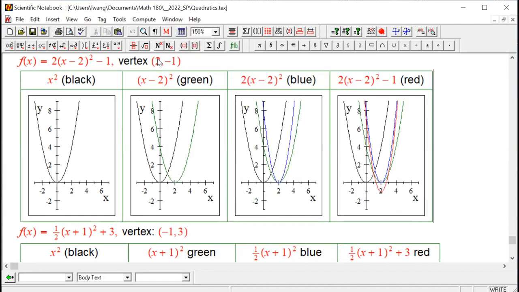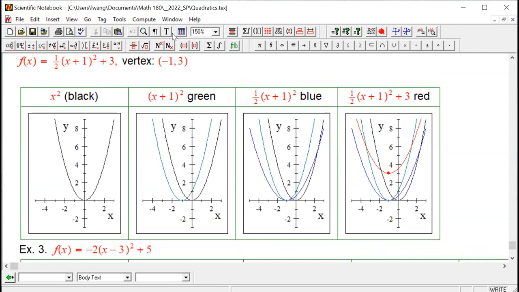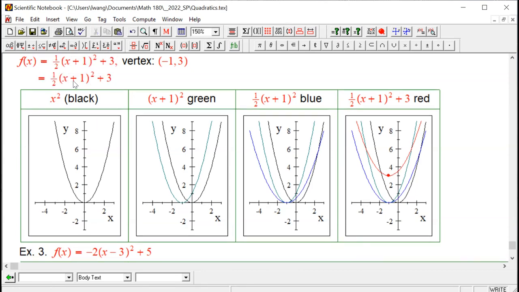What is interesting is that from this form, you can tell the vertex. x - 2 gives 2, and the -1 gives -1, so that's the vertex. In the second case, x + 1 can be written x minus -1.